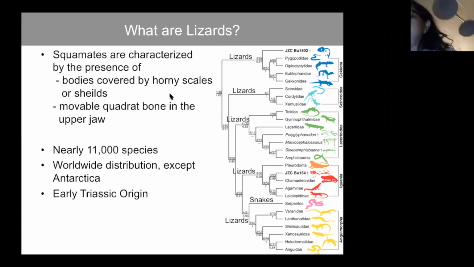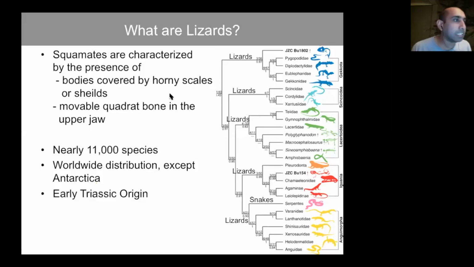Okay, right. So what I have here is a picture of the evolutionary relationships of squamates. There are about 5 distinct lineages of lizards. And among them, you also have the lineage that includes the snakes.